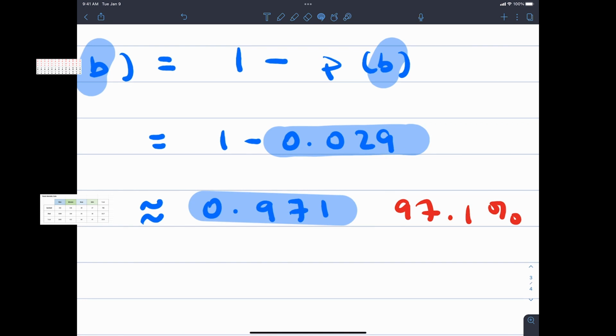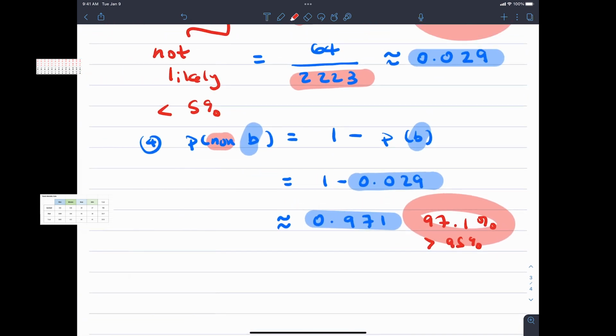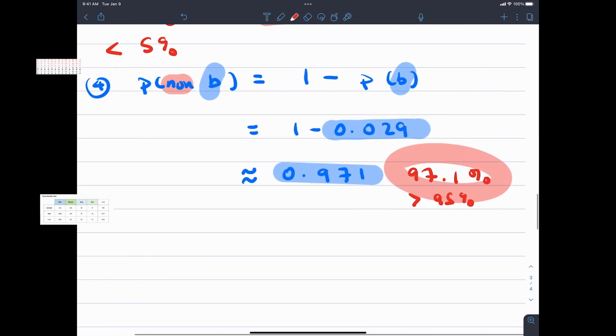Now, this also means something here. Whenever you have a probability that's bigger than 95%, because you just computed this, it's 97.1, what do we say about the event? It's in our notes. What's that phrase? Anything bigger than 95%, less than 100%, what does that mean?